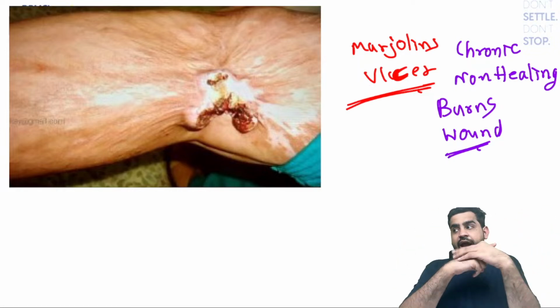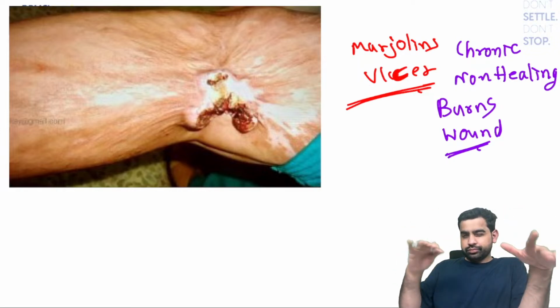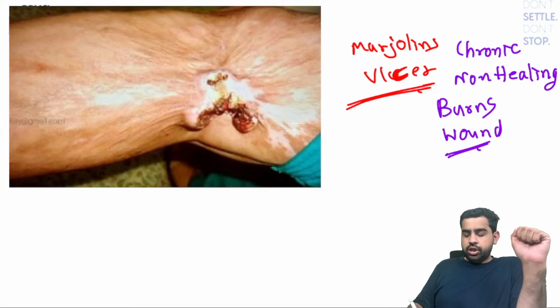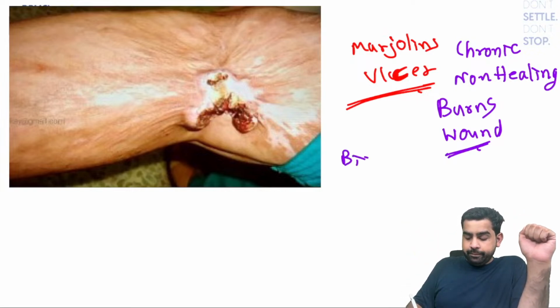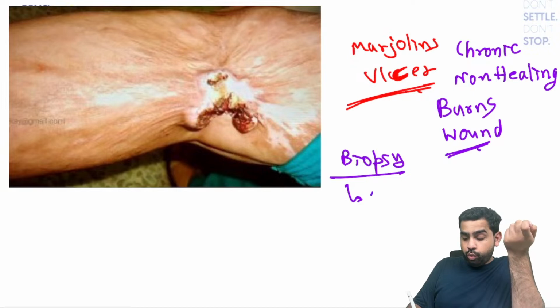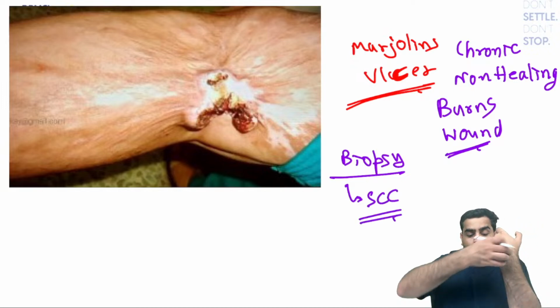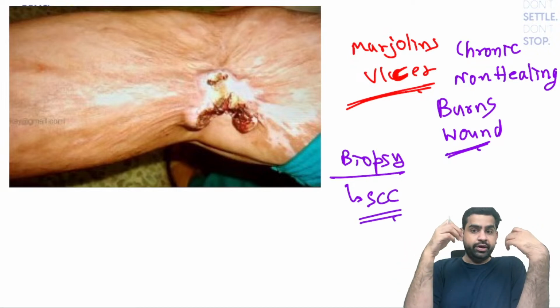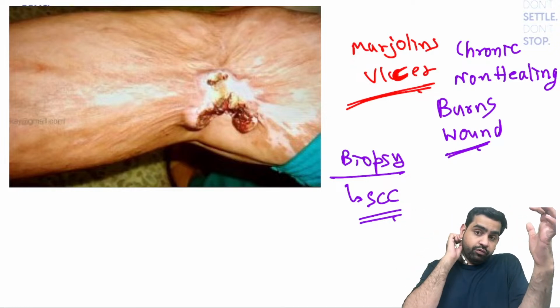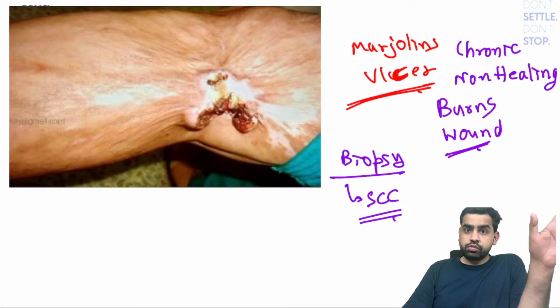That's the first thing. And if you take a biopsy from here, what you're going to have is a squamous cell carcinoma. So this is a Marjolin's ulcer, very, very important.